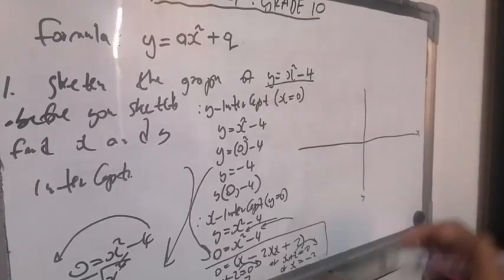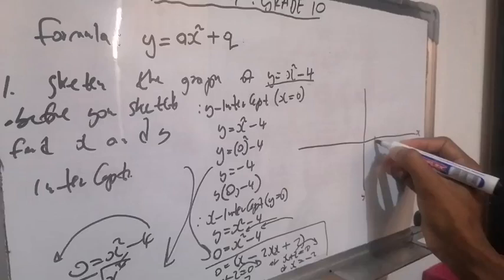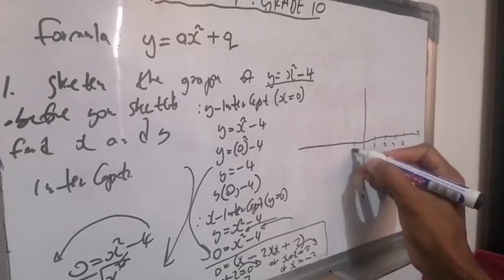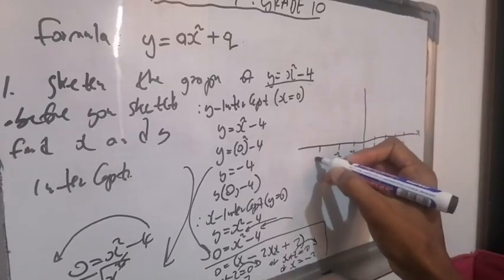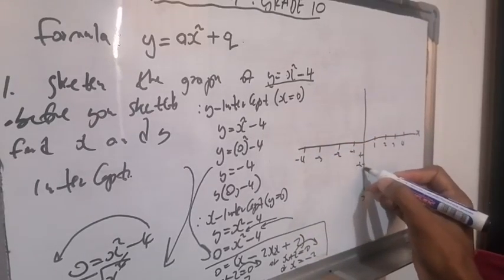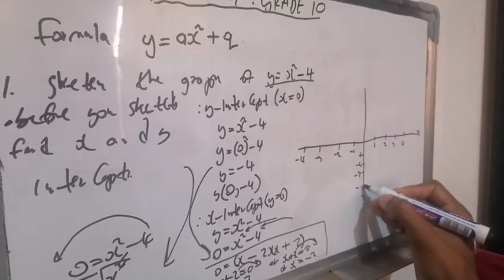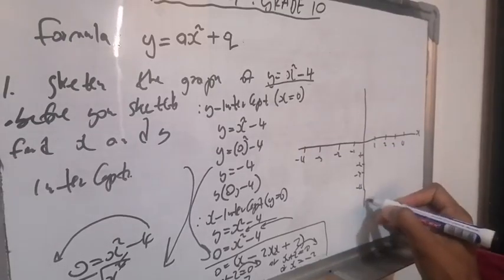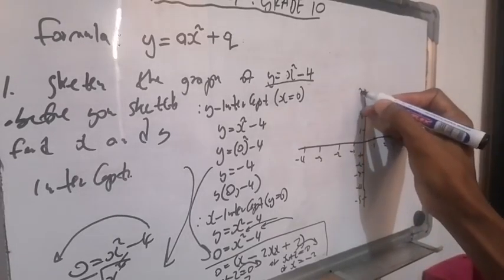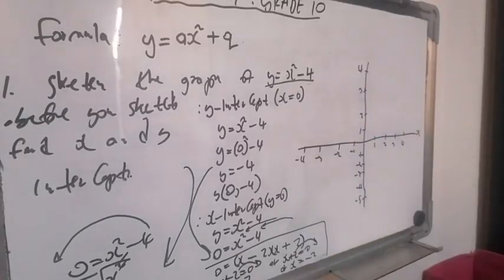Okay, so understanding that you're gonna have 1, 2, 3, 4, -1, -2, -3, -4, maybe -5, and then you're gonna have 1, 2, 3, 4.